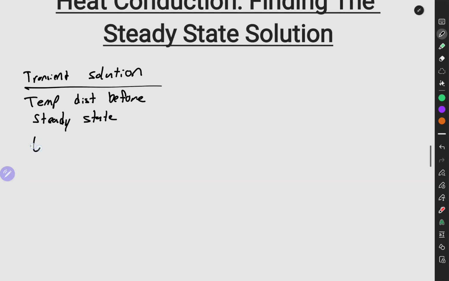So it's basically for all t leading up to the time where steady state is achieved.